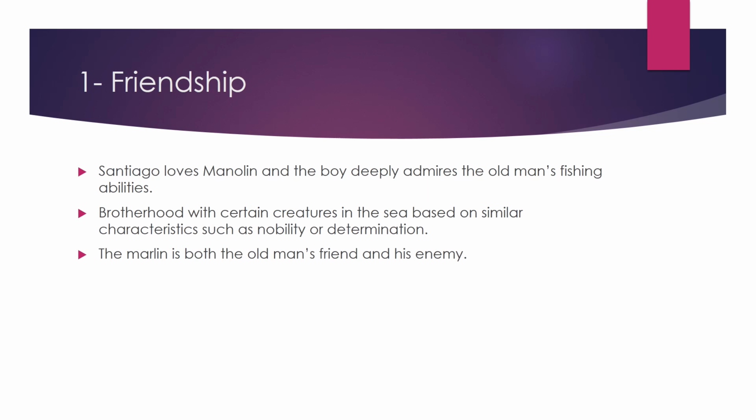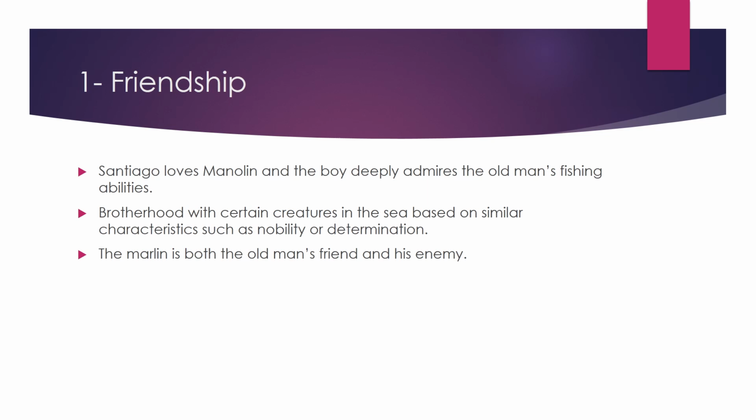The other part is that we see brotherhood with certain creatures in the sea based on similar characteristics, such as nobility or determination. In this novel, the old man is united with all creatures in the sea. Everybody loves each other.